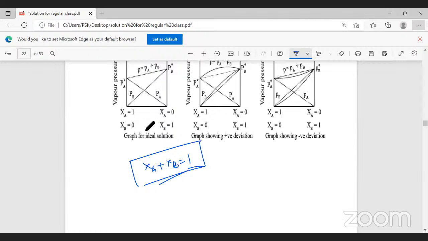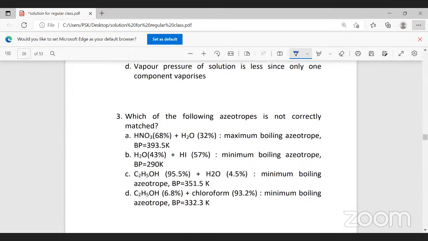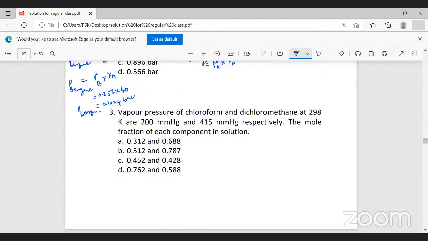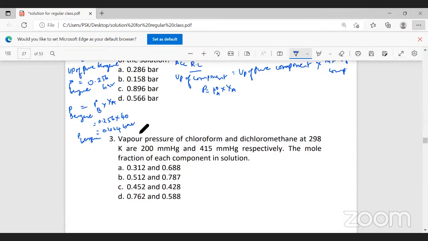At any instant, the mole fractions of the solute and the solvent sum to 1. For benzene we found the partial pressure to be 0.1024 bar. So what is the mole fraction of toluene? X toluene will be equal to 1 minus 0.40, which is 0.60.